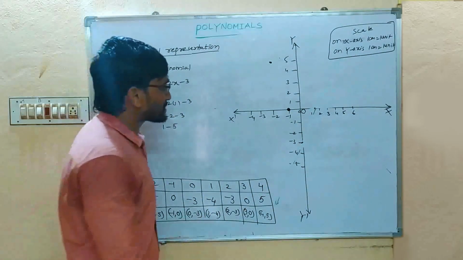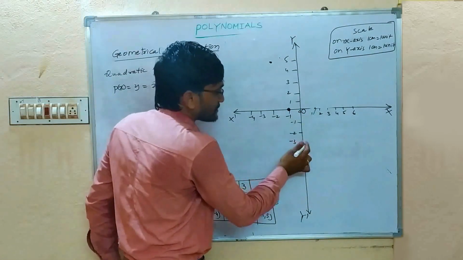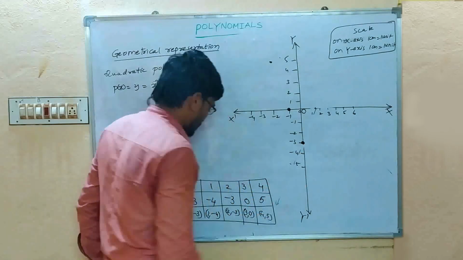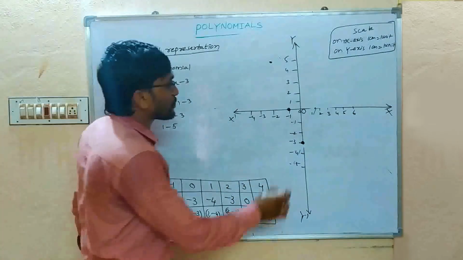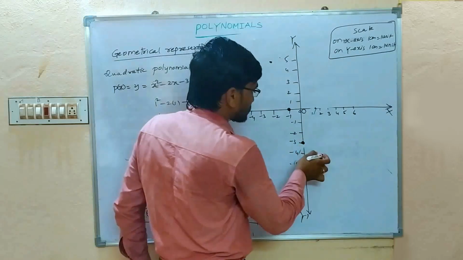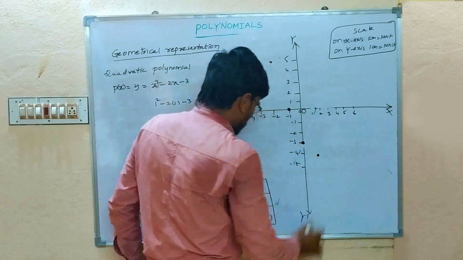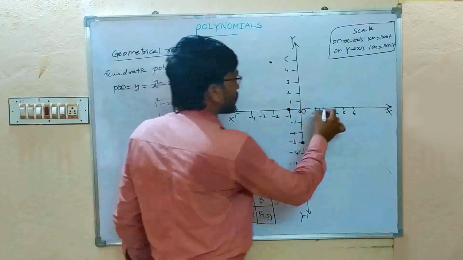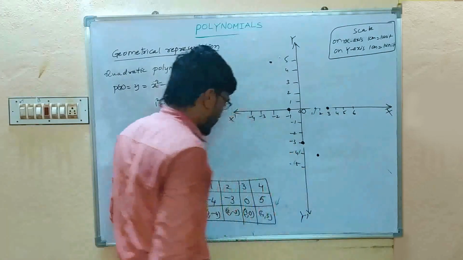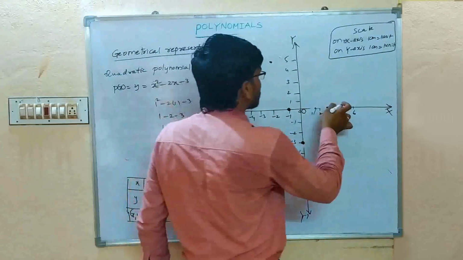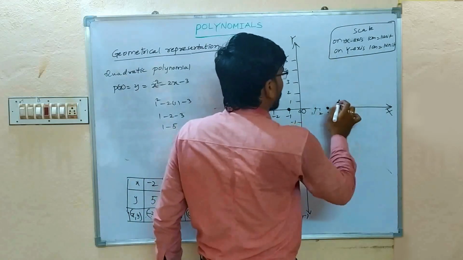0 comma minus 3: on the x-axis 0, y-axis minus 3. This is the point. Next 1 comma minus 4. Next 3 comma 0. 4 comma 5: on the x-axis 4, y-axis 5.